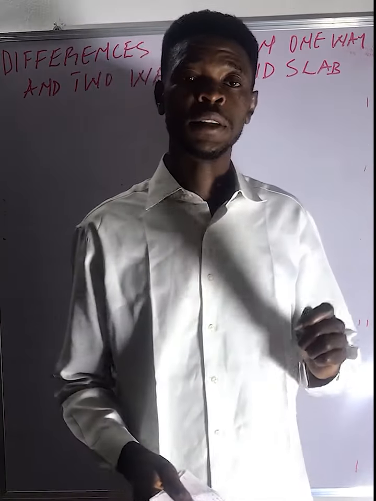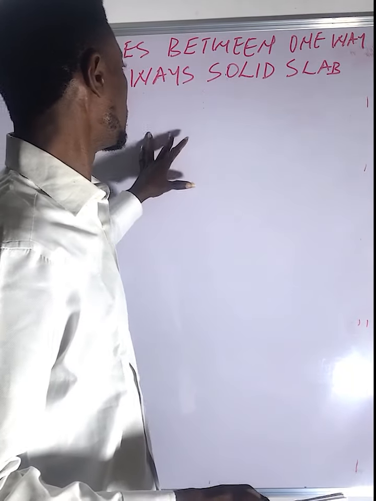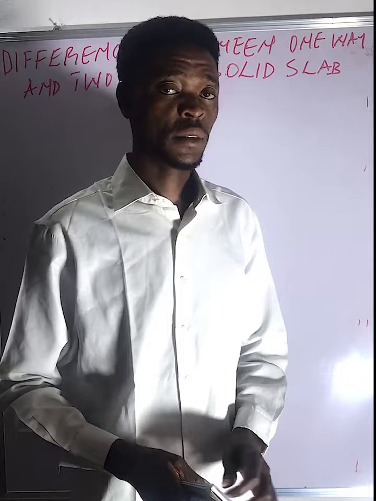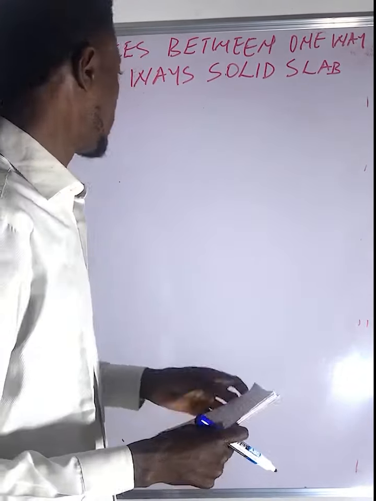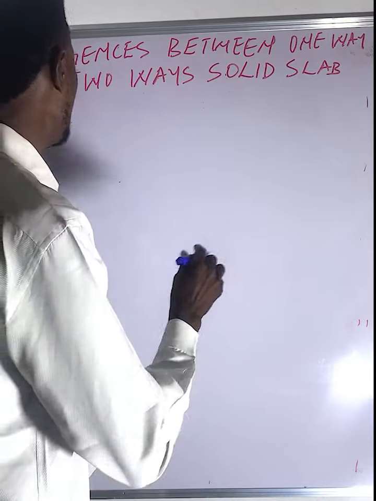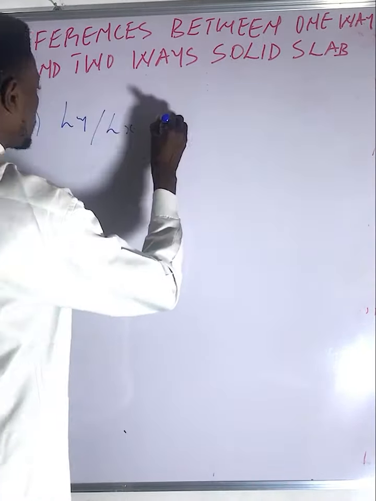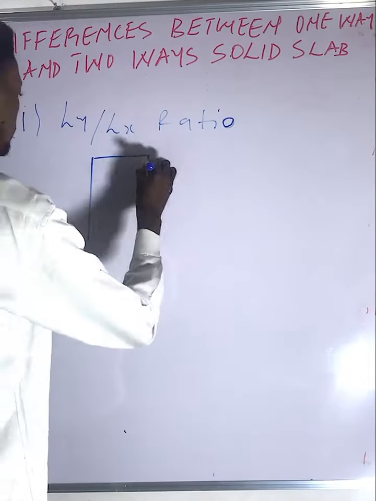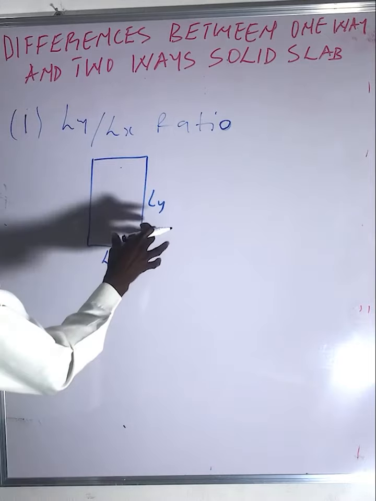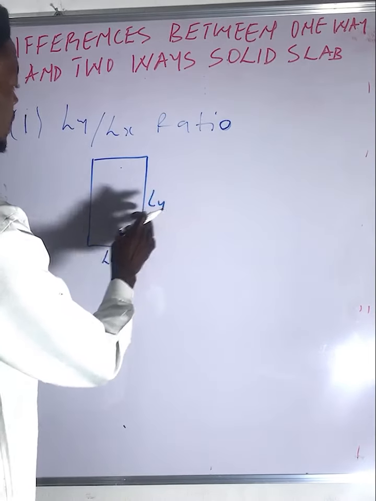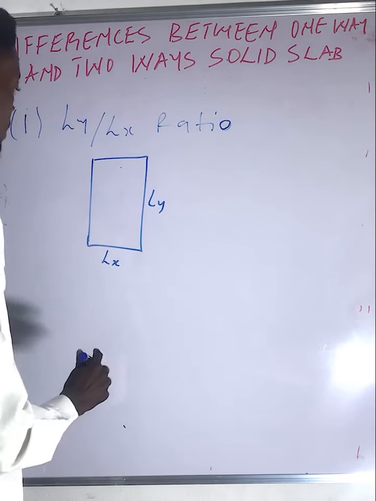Today, we shall be talking about the difference between one-way slab and two-way solid slab. Number one, the first thing you need to note is the Ly over Ls ratio. For a solid slab, your longer span is the Ly and your shorter span is the Ls.